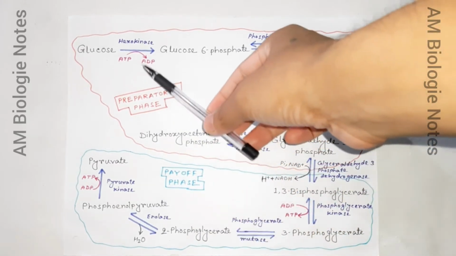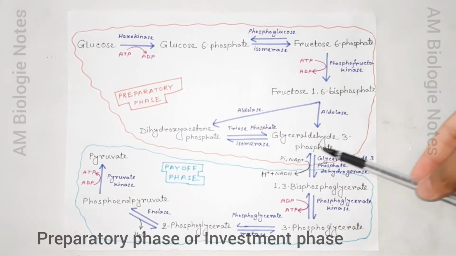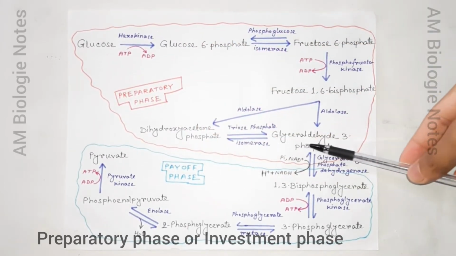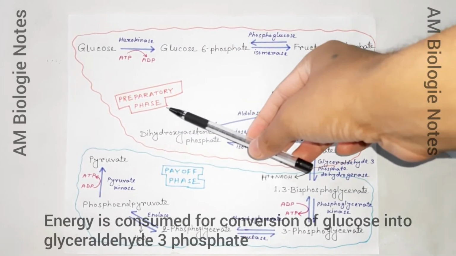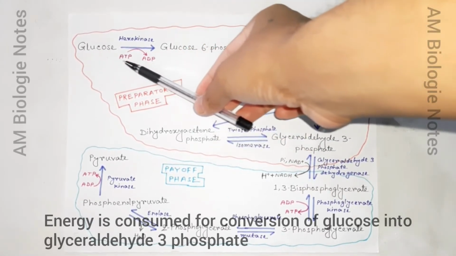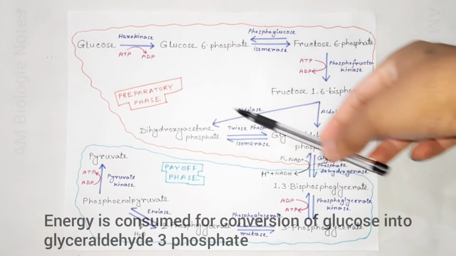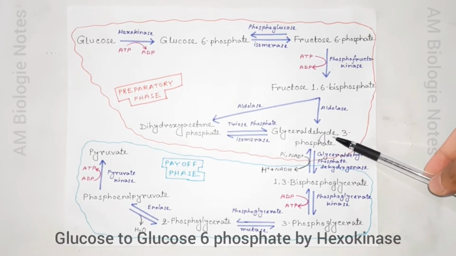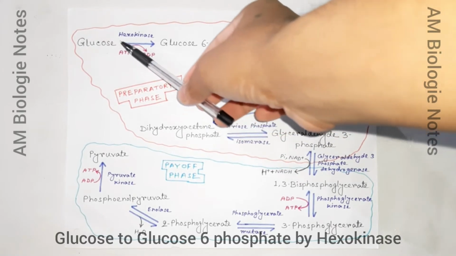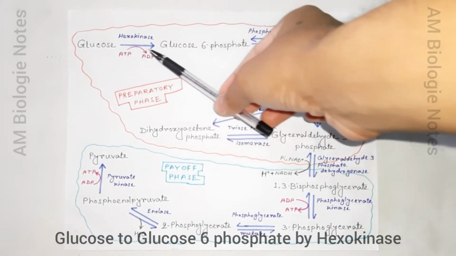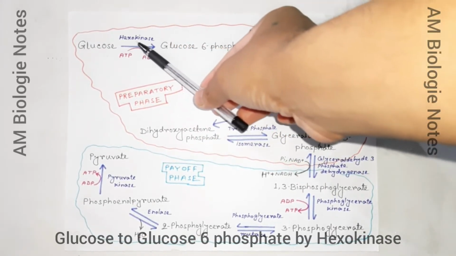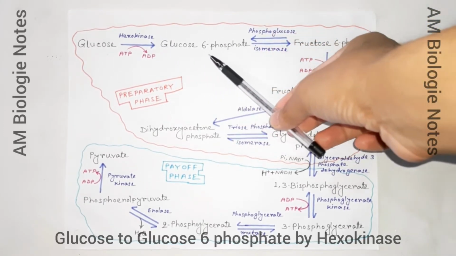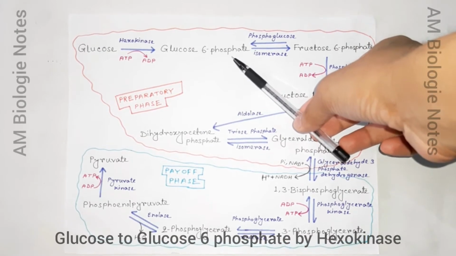The first 5 stages are called the preparatory phase or investment phase because in these stages energy is consumed to convert the glucose into glyceraldehyde 3-phosphate. Let's see the reactions. In the first step, glucose is phosphorylated by hexokinase enzyme and converted into glucose 6-phosphate.